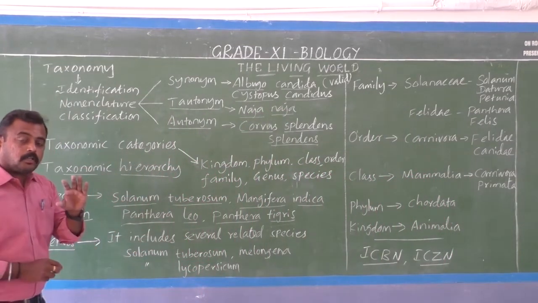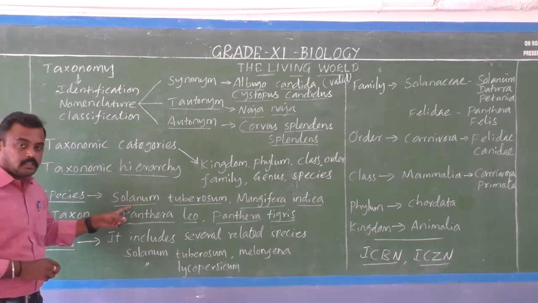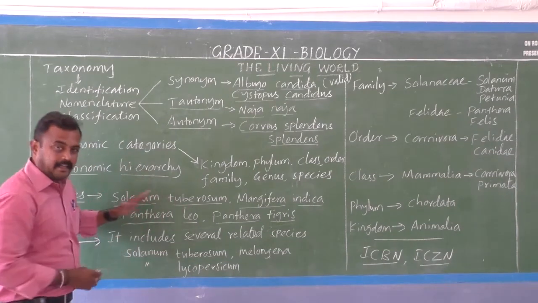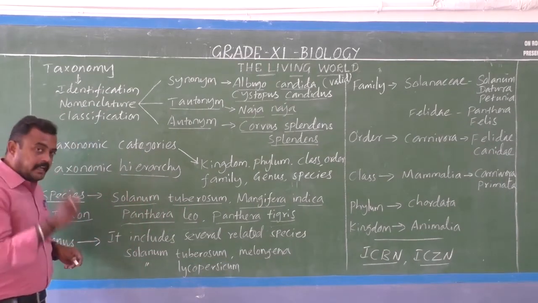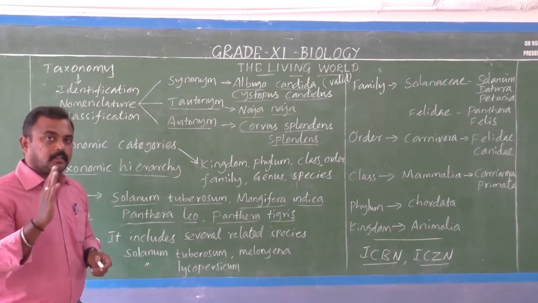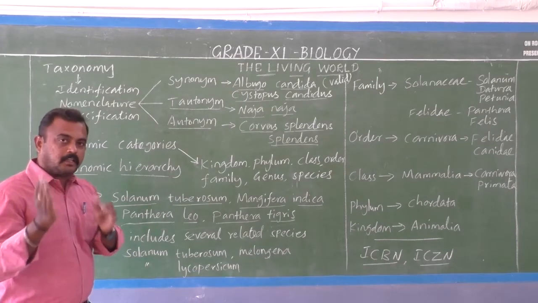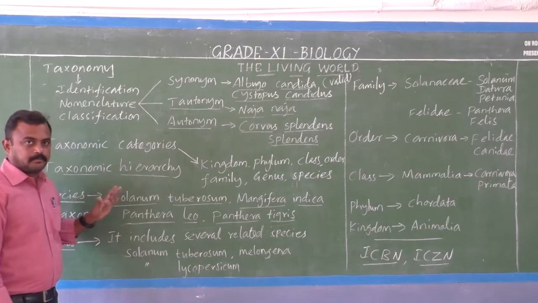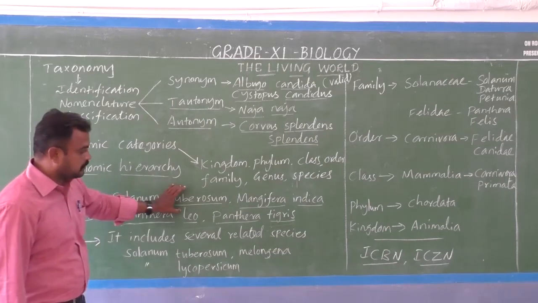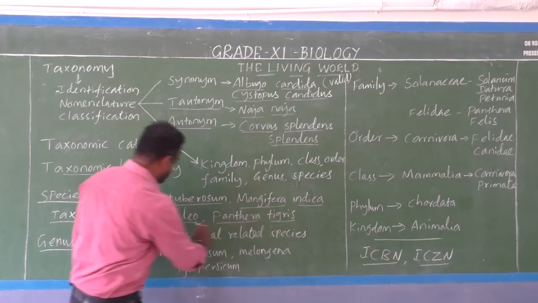When you talk about a scientific name, you already know the first name is genus, the second name is species. It should be separately underlined when you write. When printed, it should be in italics. You know that already. So first name genus, second name species. Here you see tuberosum, indica, tigris, leo.